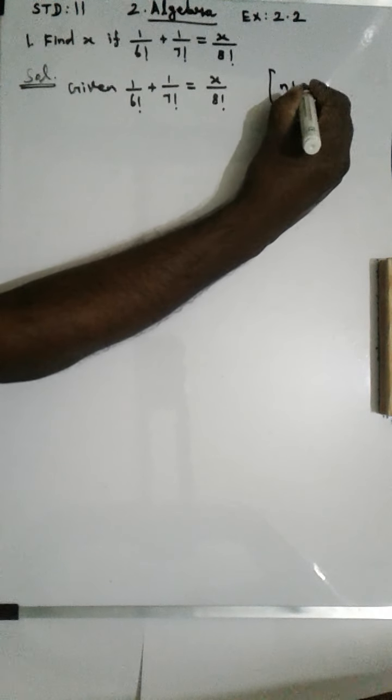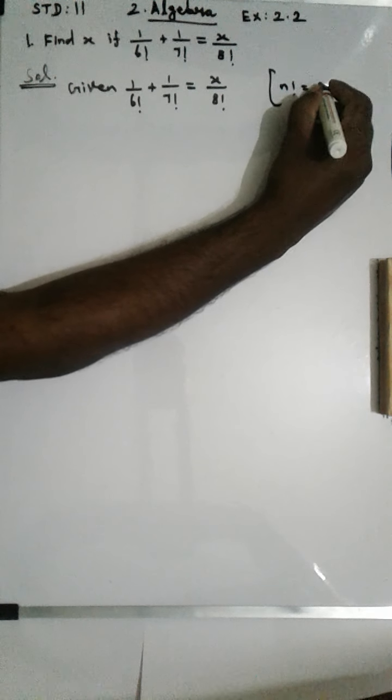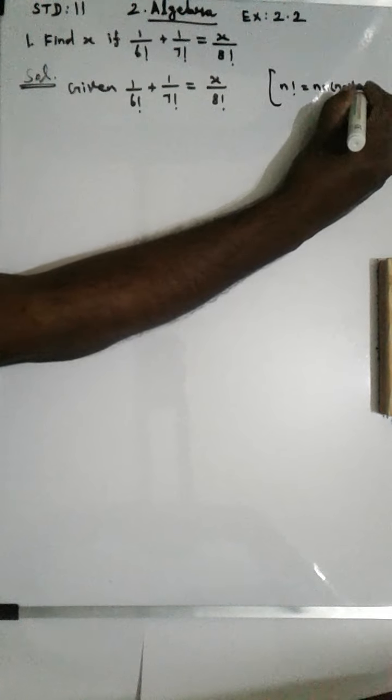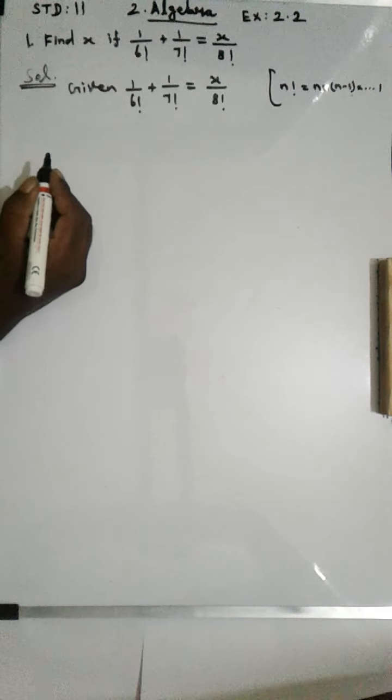n factorial equals n into n minus 1 into etc., up to 1 we should multiply.